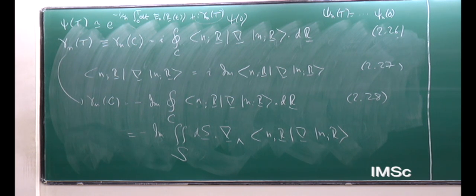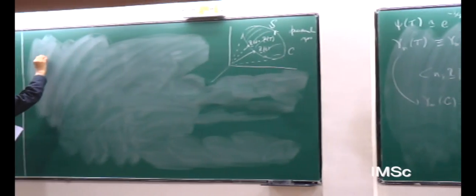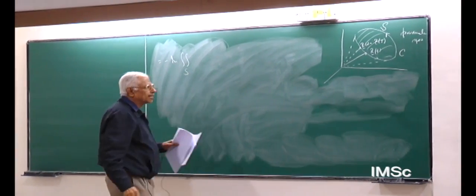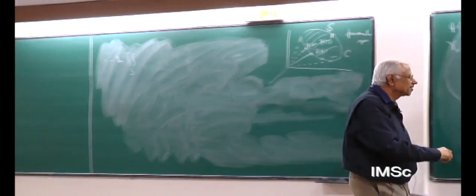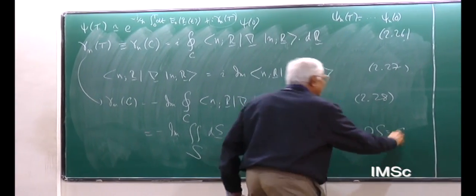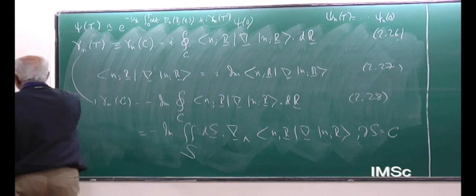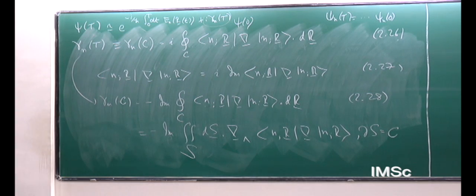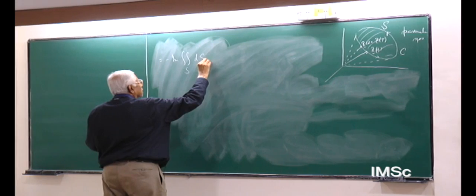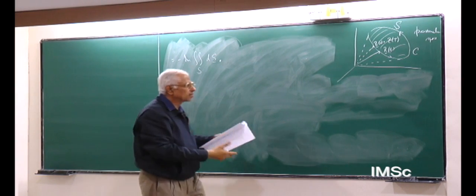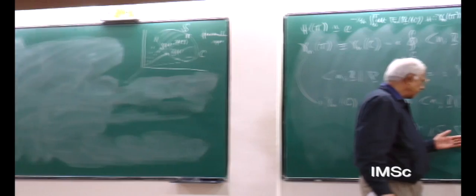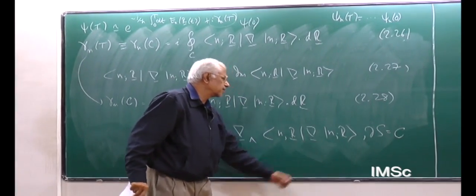So this is next written as minus imaginary part integral. Let me bring in a little bit of sophistication, a notation which says that the boundary of this 2-dimensional surface S is the curve C. Now remember it's 3-dimensional, you have to take the curl of this vector.